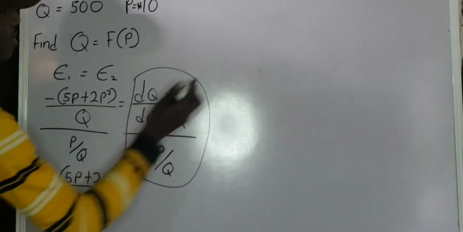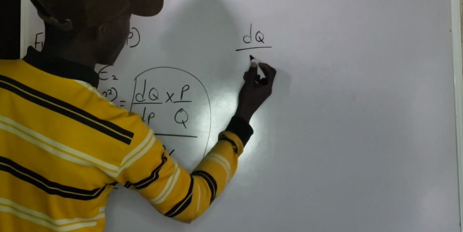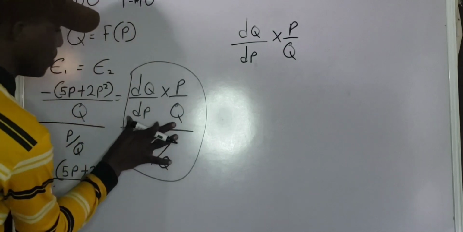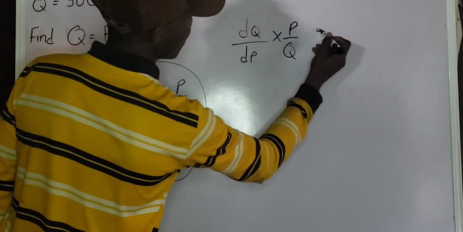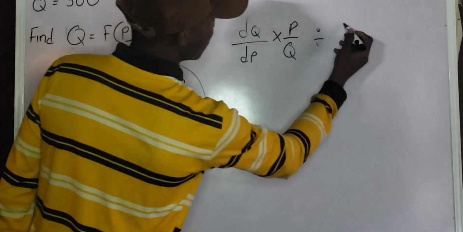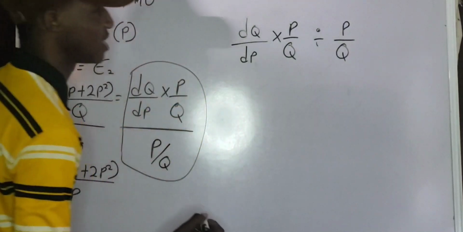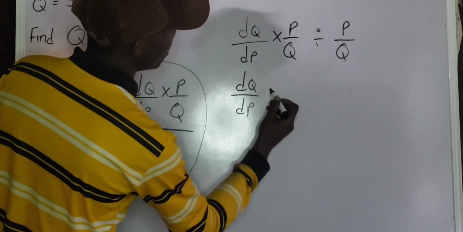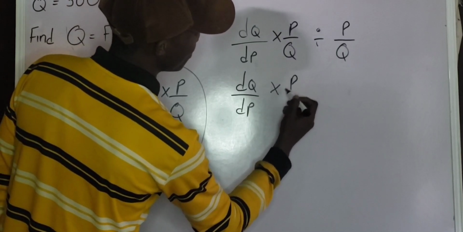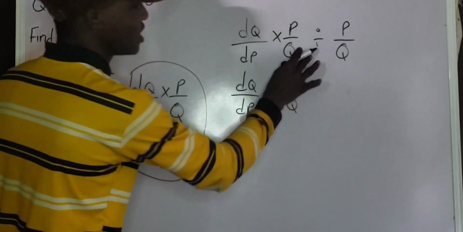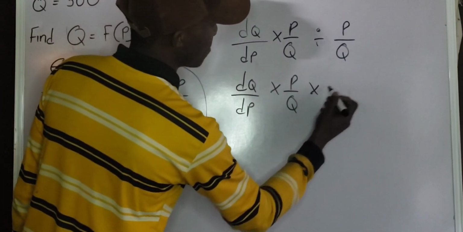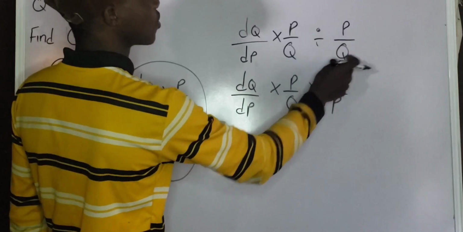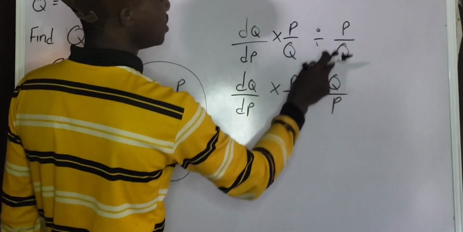For this side, I'm going to have dQ over dP multiplied by P over Q, which is the numerator, divided by P over Q. Now, if this division sign changes to a multiplication sign, I'm going to have multiplied by Q over P, because this denominator will come to the numerator, which is Q, and P will change to the denominator.